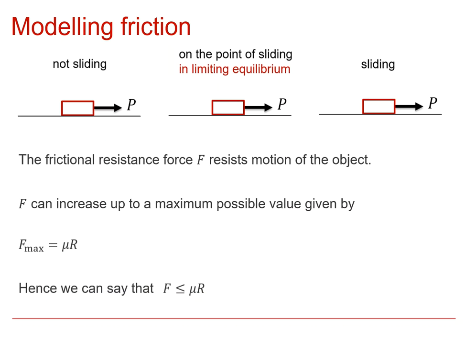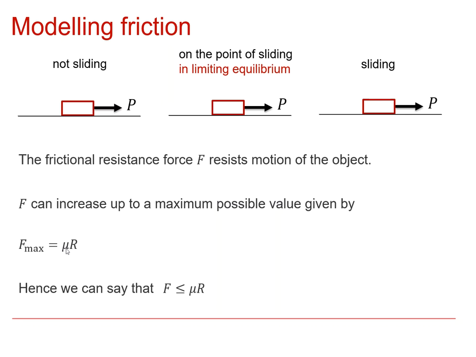Now there's a relationship between the maximum friction, when the object is just on the point of sliding, which is called limiting equilibrium, and the normal reaction force R, and they're related through this constant mu, which is called the coefficient of friction. That will depend on the materials that the surface and the object are made from, so that number will be different in different situations.